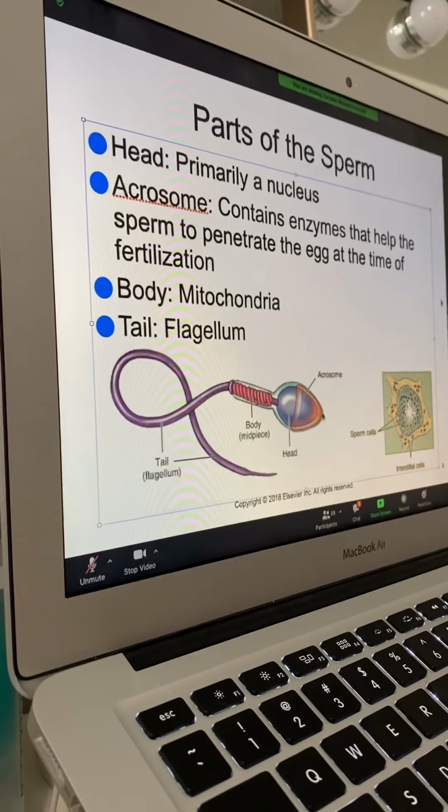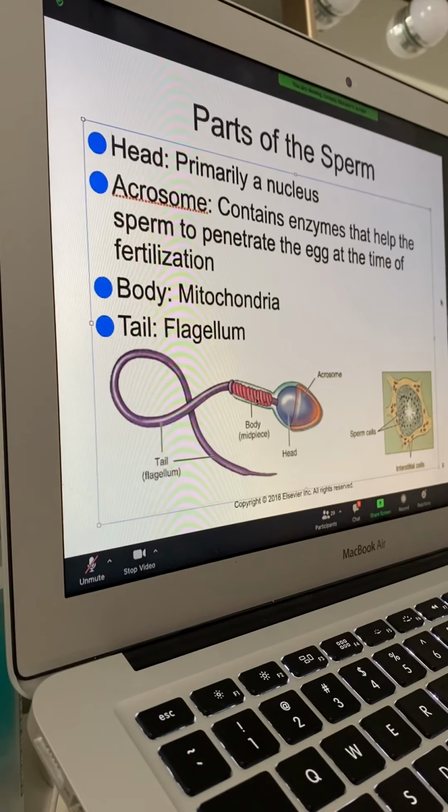And that acrosome, when it touches or attaches to the egg cell, the covering of the egg cell can be broken down because of the presence of the enzyme hyaluronidase. So the sperm penetrates the egg at the time of fertilization.